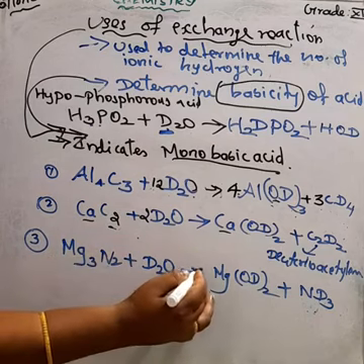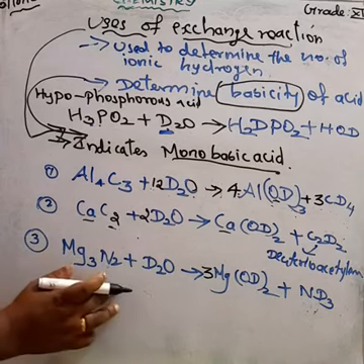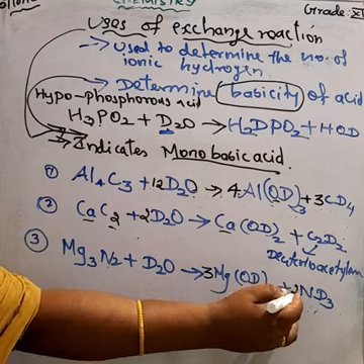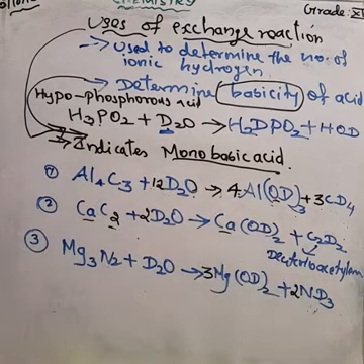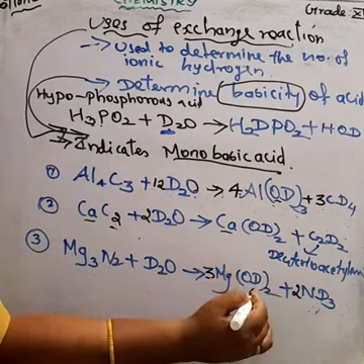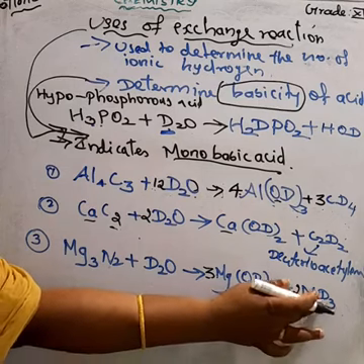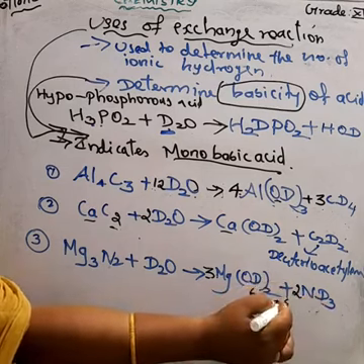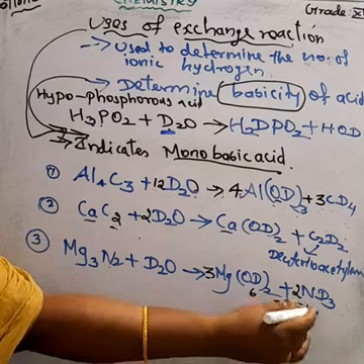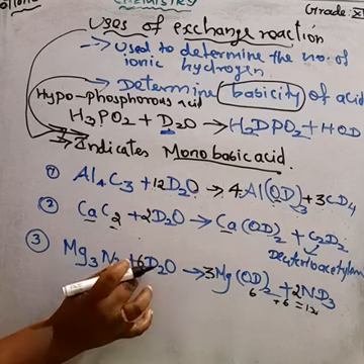In this equation, magnesium, how much magnesium do we have? 3 magnesium, but here only 1, so we have to make 3 magnesium. And nitrogen, how much nitrogen? 2 nitrogen, so we make 2 nitrogen. Deuterium ammonia. And deuterium, how much deuterium here? 2, but here 3 2s are 6, plus here 2 3s are 6. 6 plus 6, 12 deuterium, but here only 2 deuterium, so we have to make 6 here.